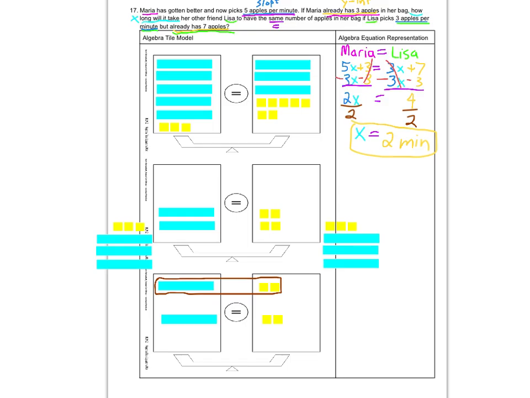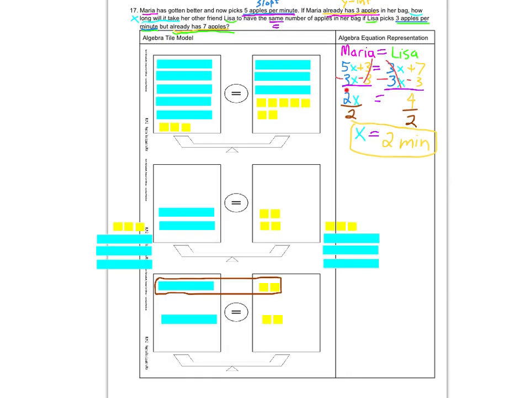5 times 2 plus 3 is 13. 3 times 2 is 6, plus 7 is 13. 13 does equal 13, so that's when they would have the same amount. Both would have 13 apples, in this case again, in 2 minutes. And this is how we handle variables on both sides.